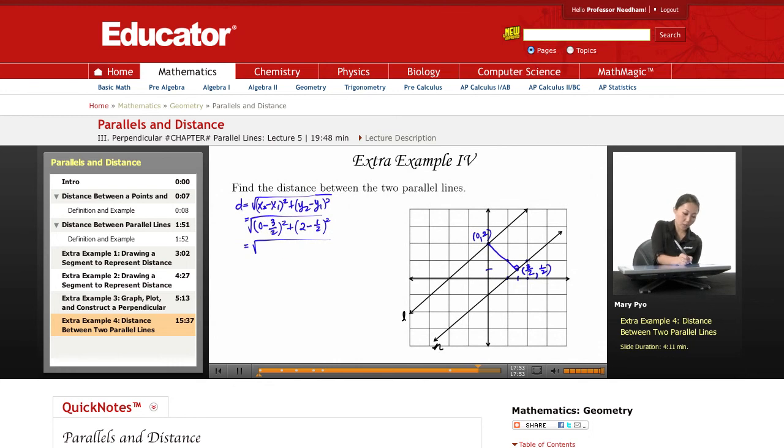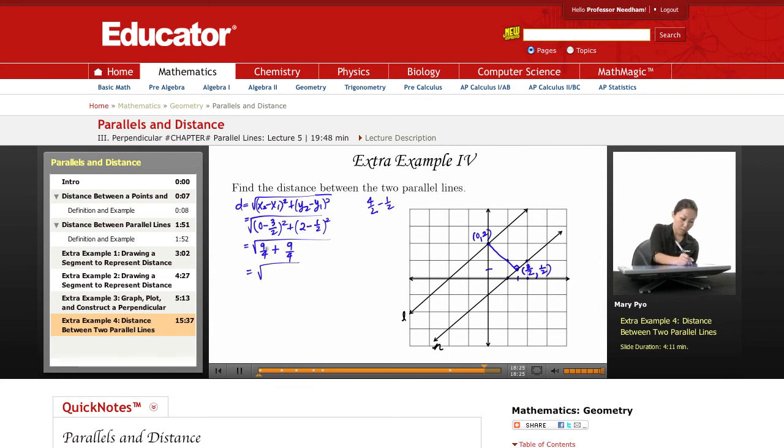Then this is going to be 3 over 2 squared, which is 9 over 4, plus 2 minus 1/2 is 3 over 2, or 1 and 1/2. And I know that because 2 becomes 4 over 2 minus 1 over 2, right? That's 3 over 2. Squared is 9 over 4.